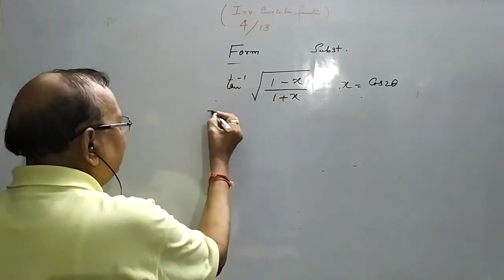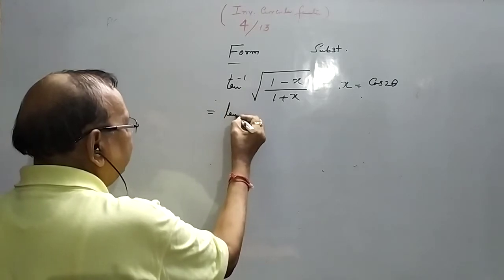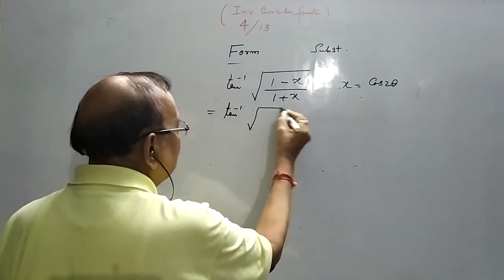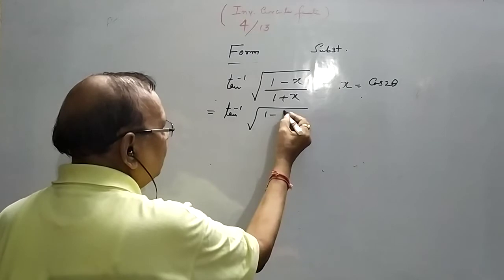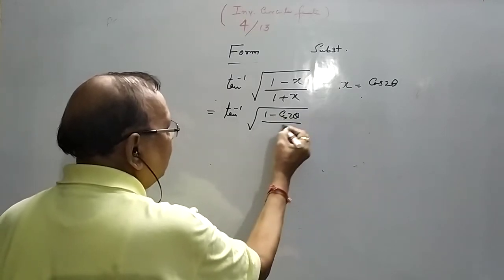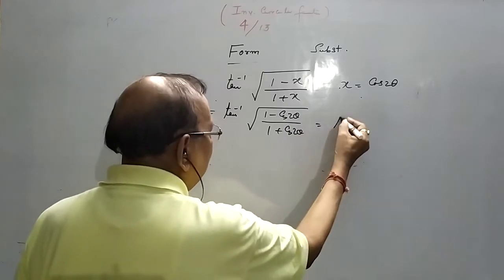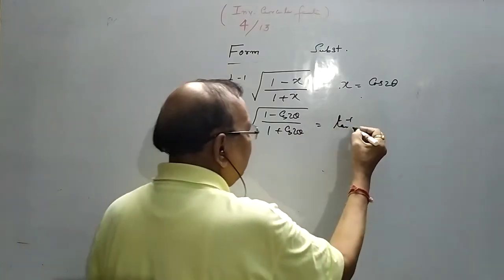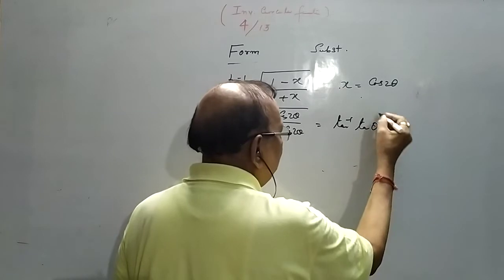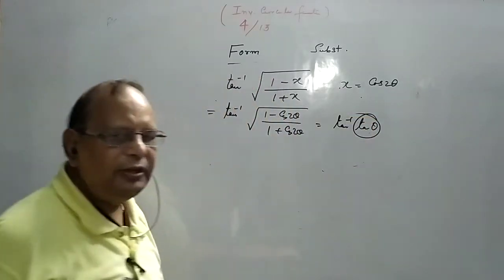So what do we get? Tan inverse under root 1 minus cos 2 theta upon 1 plus cos 2 theta, which gives you tan inverse tan theta. You might be knowing the formula from 11th class.